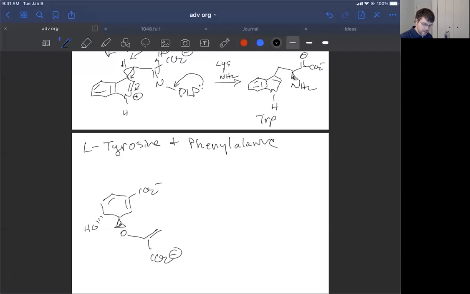Okay, now what we're going to do, love this reaction, fan favorite, we're going to do a 3,3 sigmatropic rearrangement. Gasp, right? This is great.